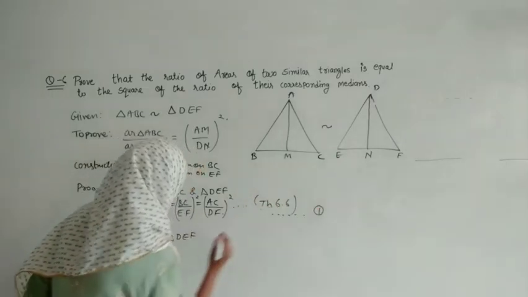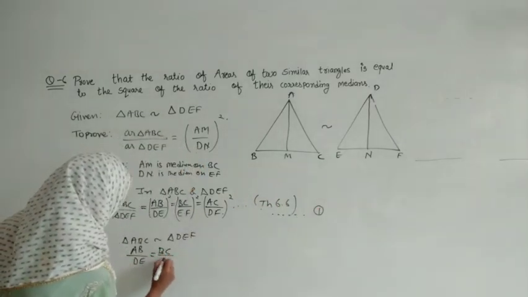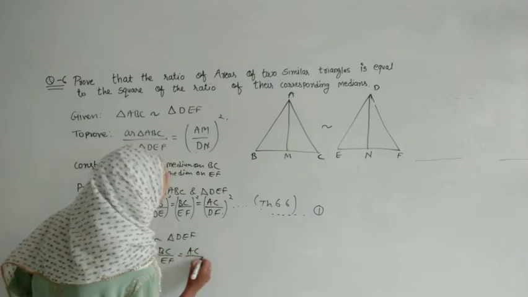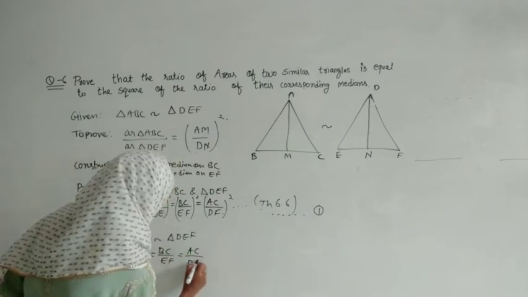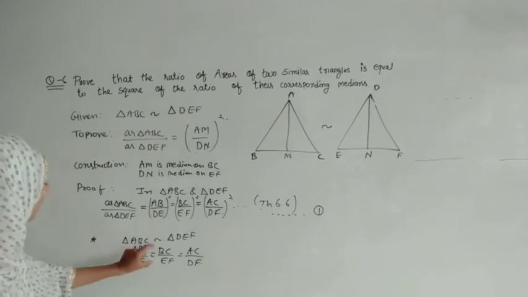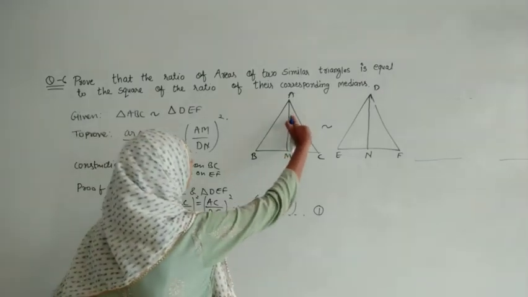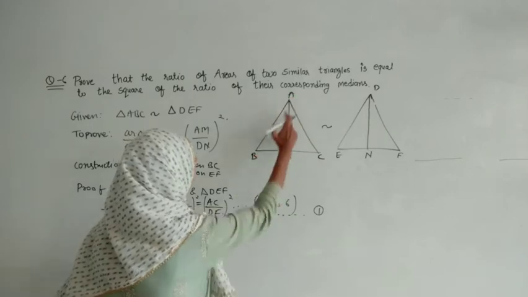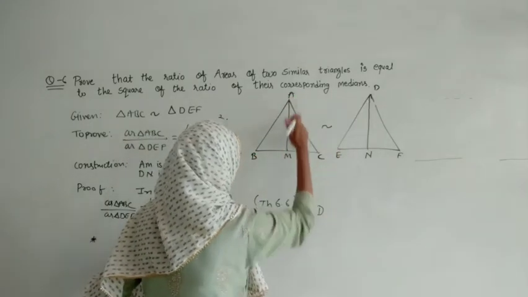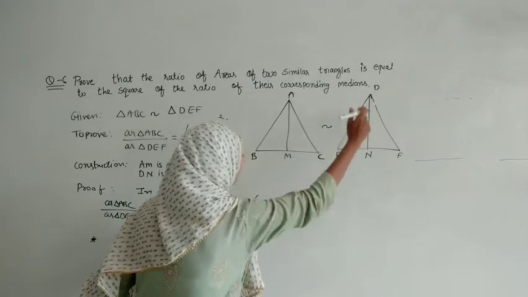BC by EF, and that will be equal to AC by DF. So here one thing we can replace if we want to introduce this part. We have to talk about triangles ABM and DEN, then only AM and DN will come.